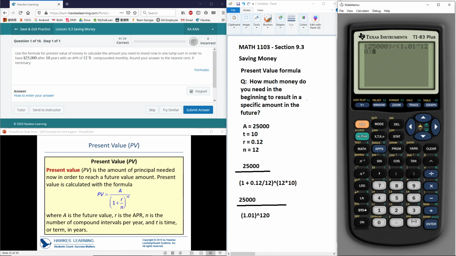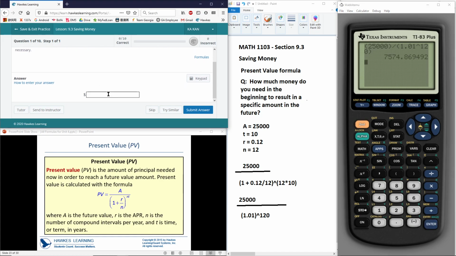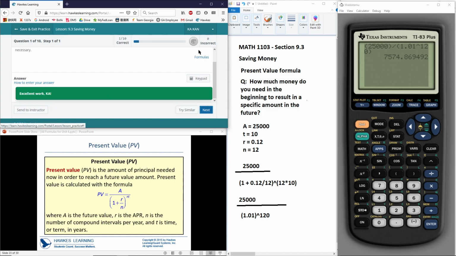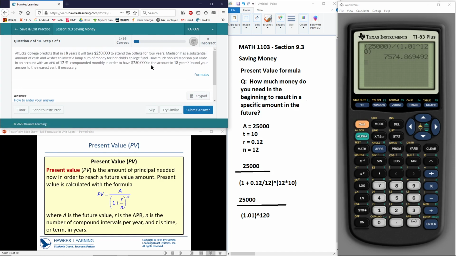Some of you who don't have a graphing calculator just have to do one step at a time. Enter. And you will get 7574.87. Done. Pretty easy if you know how to use a calculator. There's no actual algebra or anything involved.